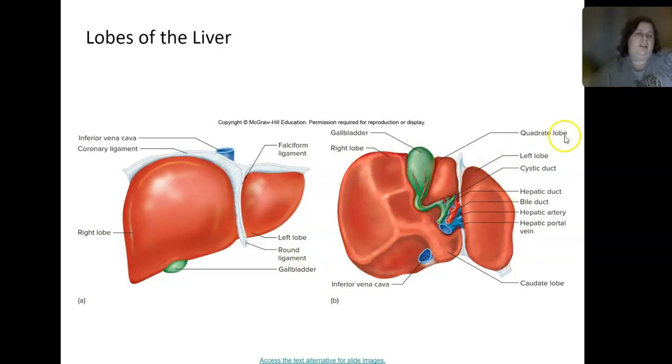On the other side of your gallbladder is your quadrate lobe, which is right here, and if you flipped this up it would be right here. And then almost in a straight line, right by your inferior vena cava, is your caudate lobe. Then you have your left lobe and your ducts all right here, which we're going to go into in just a little bit, and you'll see a better picture of them.